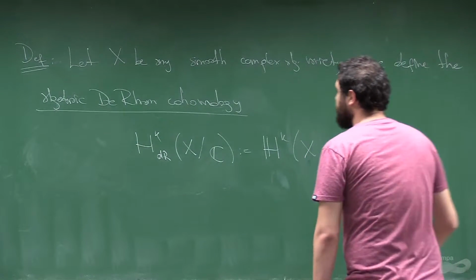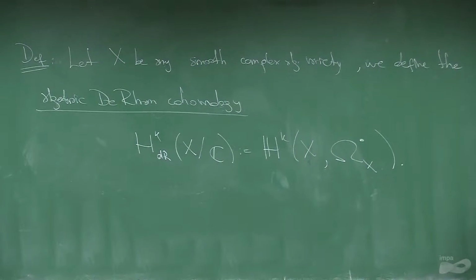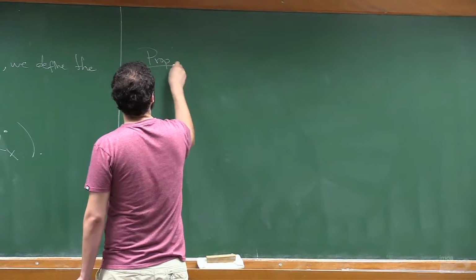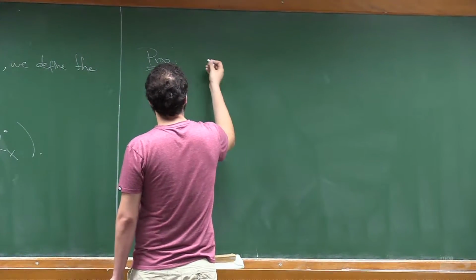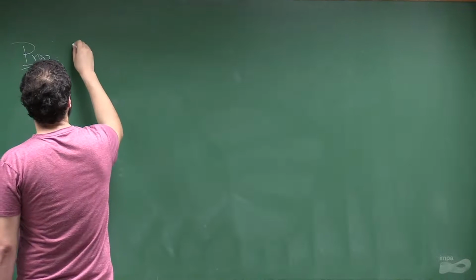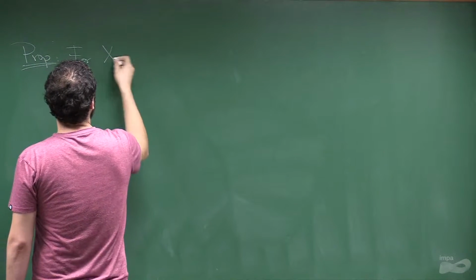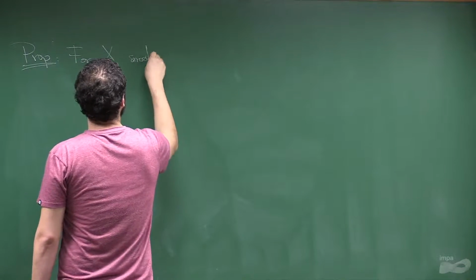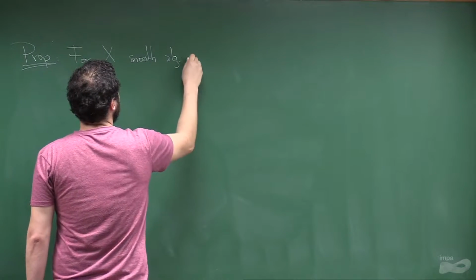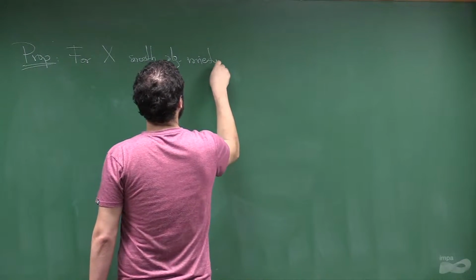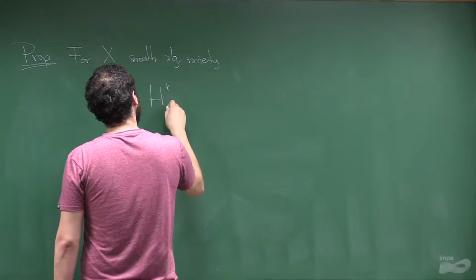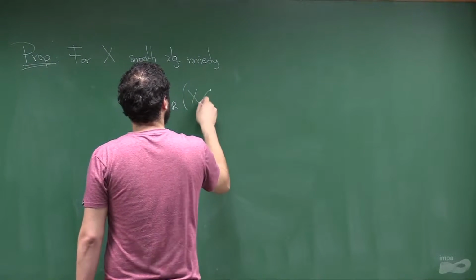Okay, so the first proposition I will prove today is: for X a smooth algebraic variety, the algebraic de Rham cohomology is isomorphic to the de Rham cohomology.